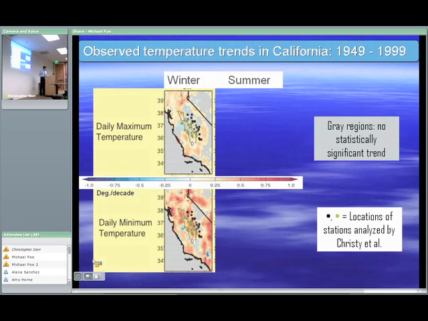What is relevant is that in regions where it's gray, actually it looks white from where I'm sitting, in those regions there's no statistically significant trend, so I haven't shown it. What you see, I hope, is most of the state has experienced warming. Most of these maps are red. That means we've seen warming.